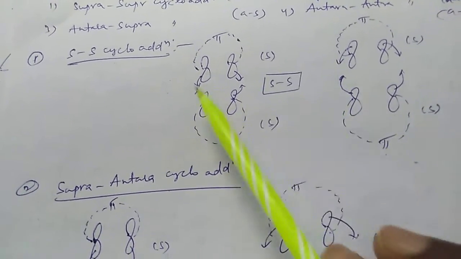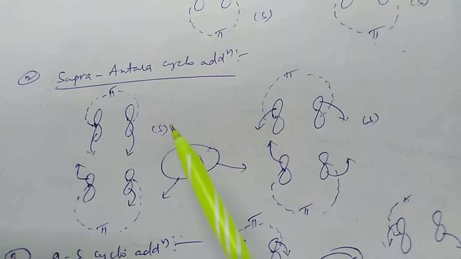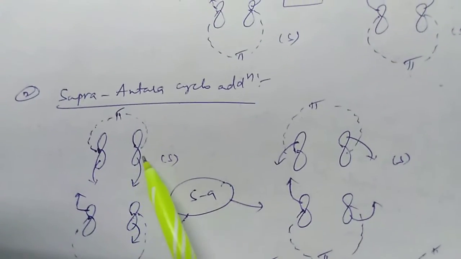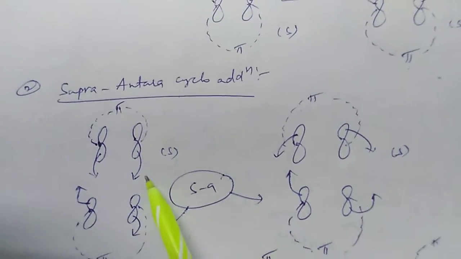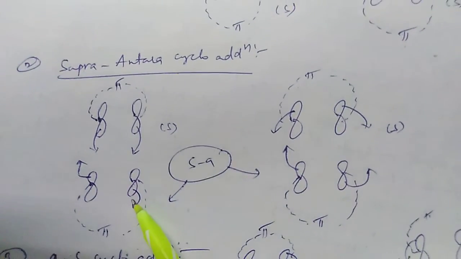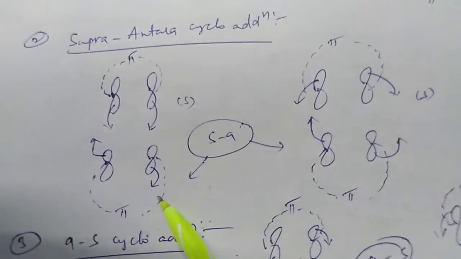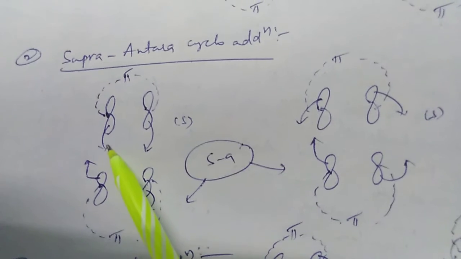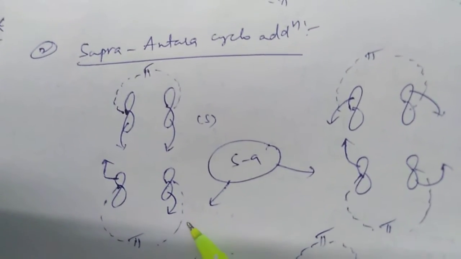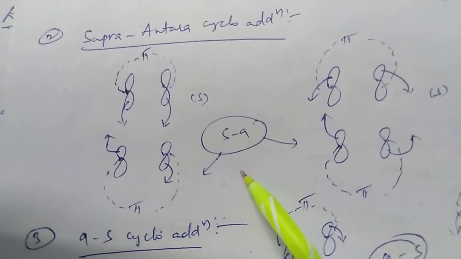It is supra-supra cycloaddition. In the second case, supra-antarafacial cycloaddition, suprafacial means the lobes on the same side form new bonds on the lower face. For the two atomic orbitals of the other pi system, one new sigma bond will form on the upper face and another sigma bond will form on the lower face. It is called antara. It is supra and antarafacial cycloaddition.